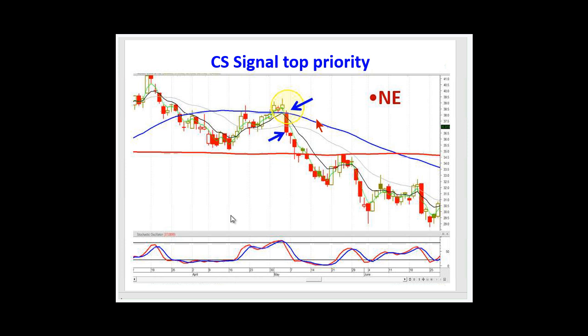A lot of people ask me, well, don't you take fundamentals into consideration when you look at your chart? And the answer is no, because we're not trying to analyze fundamentals of companies, and we don't need to.